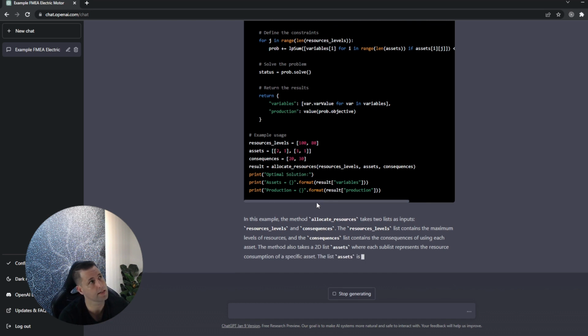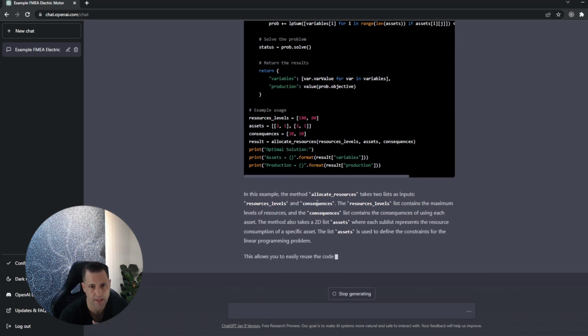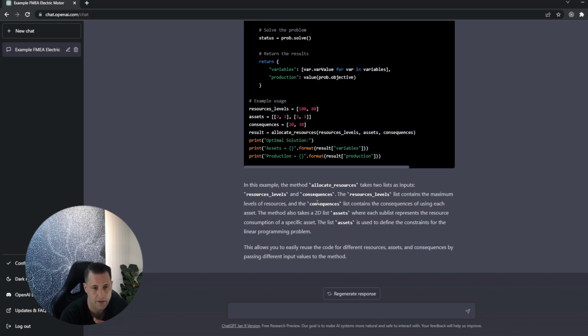If you can understand a business problem that you're facing and articulate it in a way that ChatGPT can spit out some code for you, and then you can just copy and paste it in and play with it. Yeah, I'm blown away. So this is super useful.